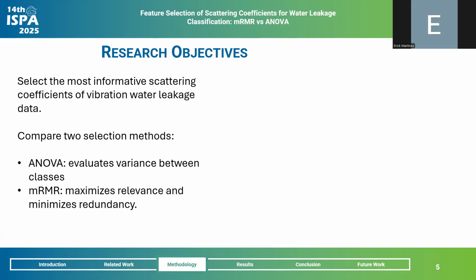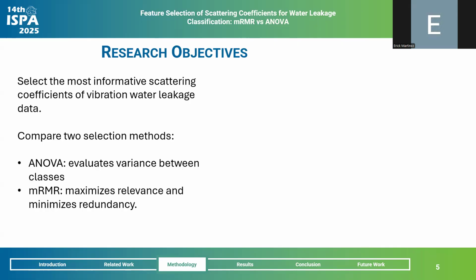So the main objective of this study is to compare two different approaches to select the coefficients of the scattering transform that can be used for classification, because the scattering transform produces a lot of coefficients. So we want to reduce the number of features in order to improve performance or reduce the computational time of training or executing the model.